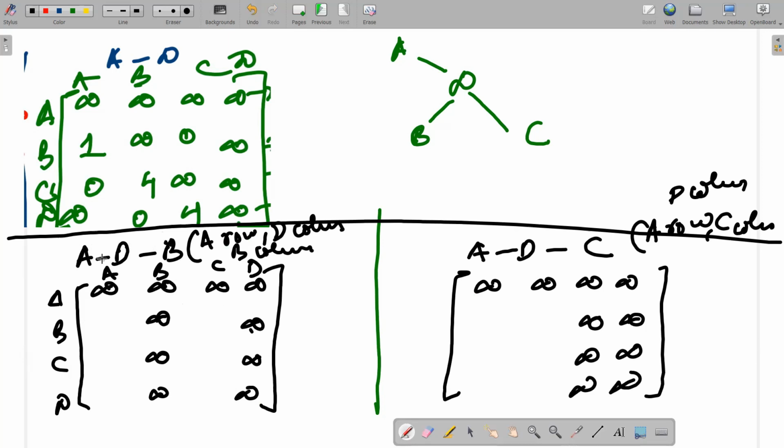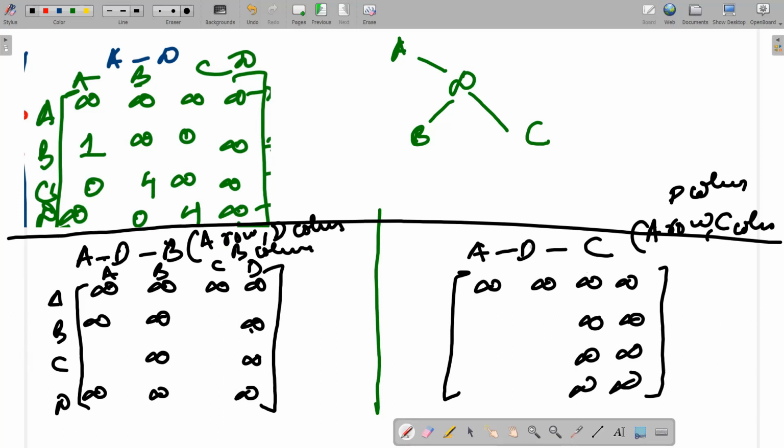I cannot go from B to A either, so I put it as infinite. I cannot go from D to A either. That is not possible because we are reaching this particular scenario. So, right, same applies over here. I cannot go from C to D, infinite.